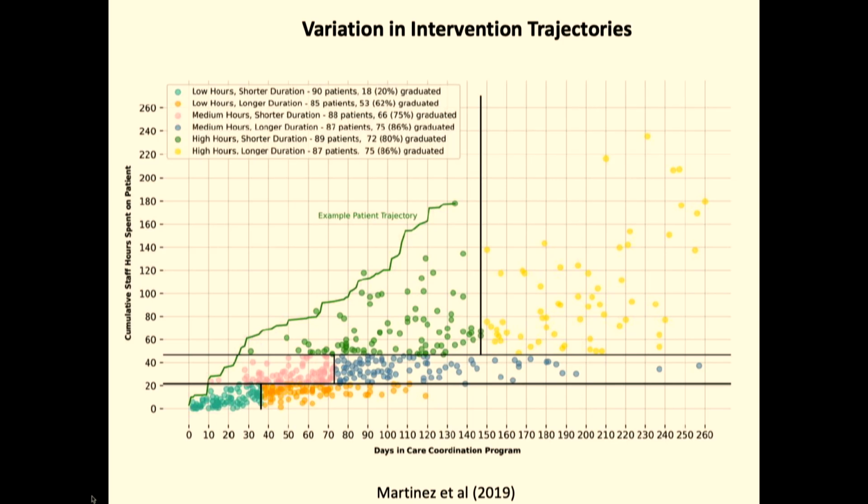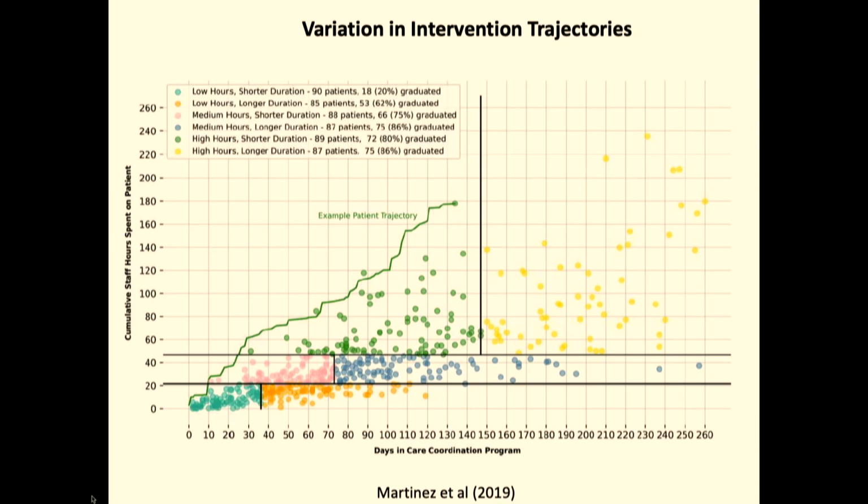Each point tells you when the patient finished the intervention. This person finished the intervention with about 170 days in the care coordination program, and needed about 140 hours of the care team's time. So one trajectory that we just showed can be seen here.